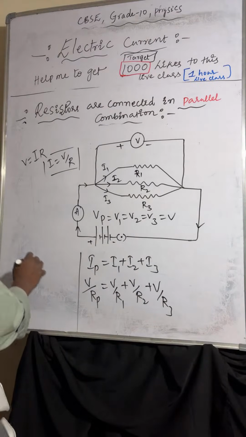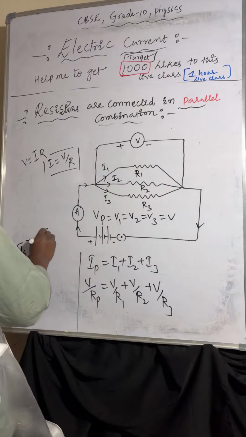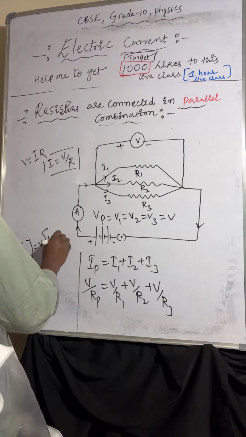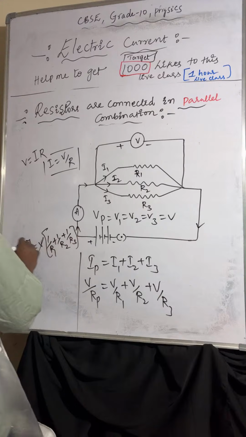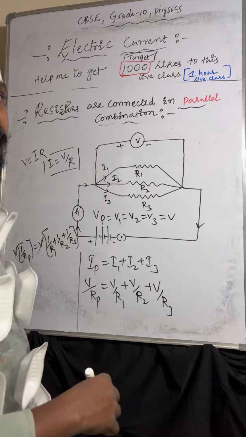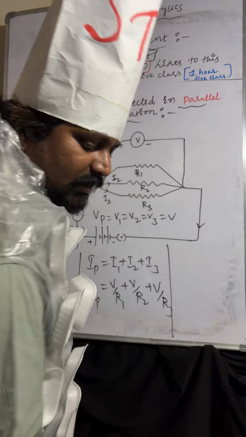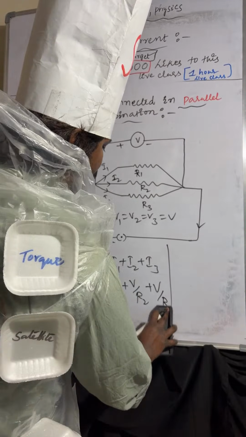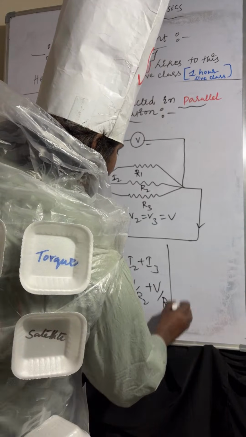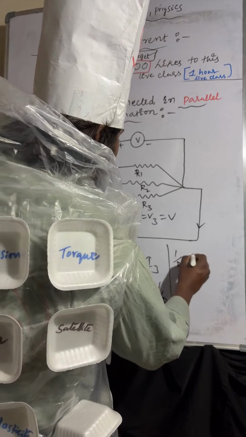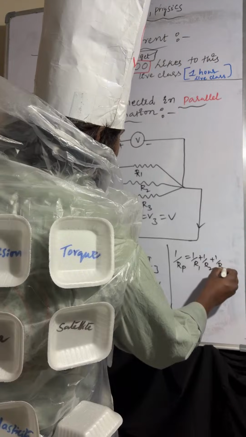Taking V common, 1 by RP equal to 1 by R1 plus 1 by R2 plus 1 by R3. V gets cancelled. So the final formula is 1 by Rp equal to 1 by R1 plus 1 by R2 plus 1 by R3.